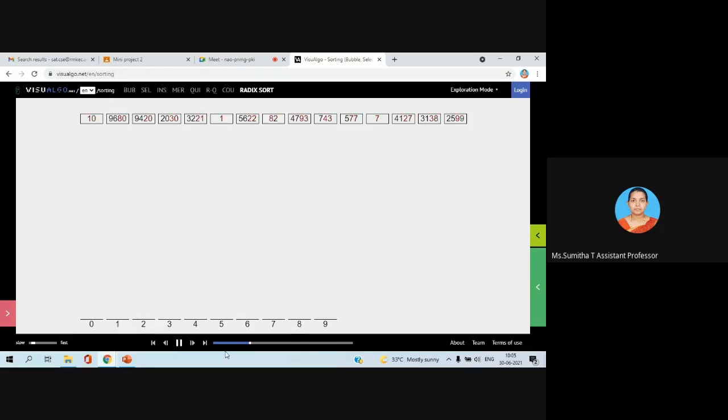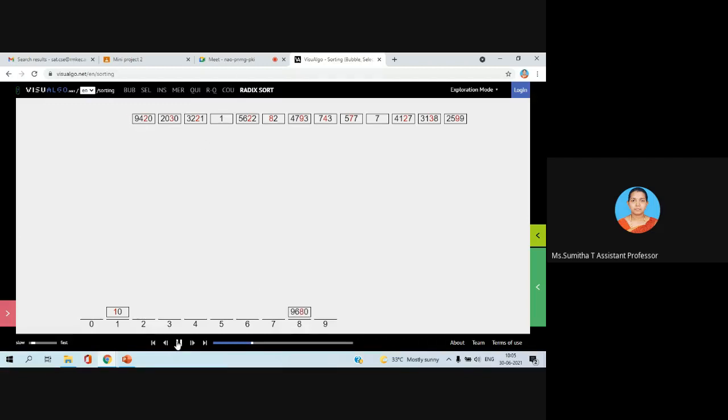Okay, now we have to concentrate on the 10th place. Okay, here 8, here 2, 3, 2, here no elements, right? I mean, one element is 1. So what is the 10th place for the element 1? What is the 10th place for the element 1? 0. So it comes to the 0th bucket.